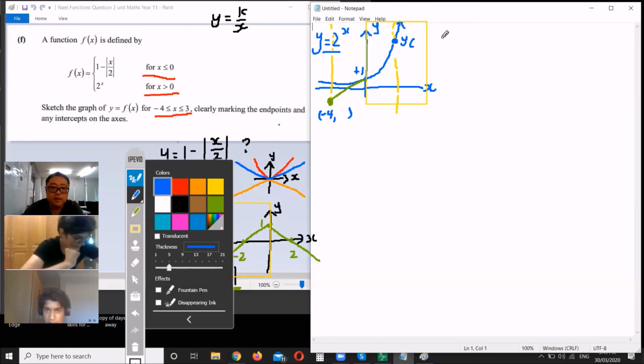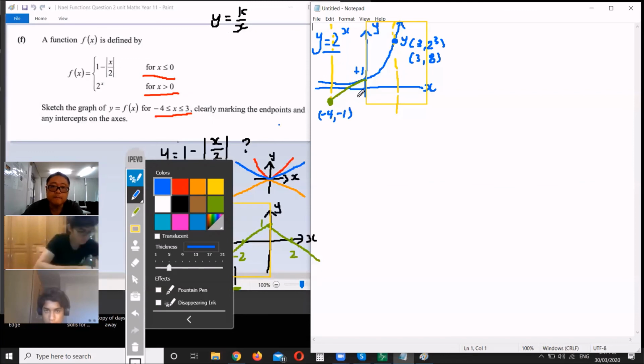The other one is at 3, 8, since 2 to the power of 3 is 8. For the point at -4: -4 on 2 is -2, the absolute value of -2 is +2, and 1 minus 2 is -1. So it's -4, -1.